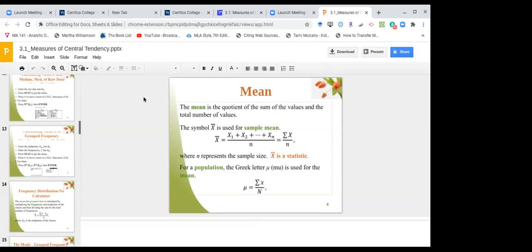You have a similar type of technique for the measures of variation, which is another thing that you're going to be asked to do this week. So make sure that you're paying attention to that.